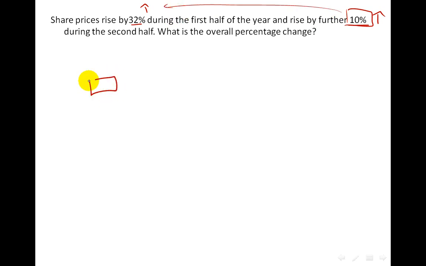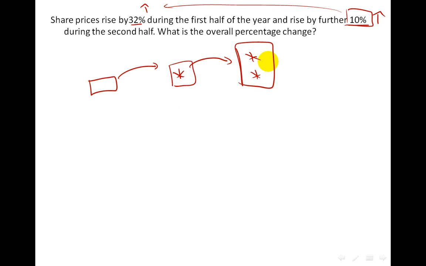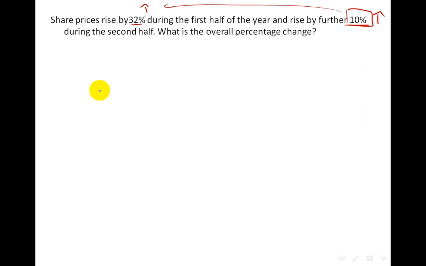It's raised by some amount in the first half of the year, then it raised by some amount in the second half of the year. That means this raise is also affected in the second time. So they have to be multiplied. They are composed, like you can say, they are a composition here. You cannot separate them.